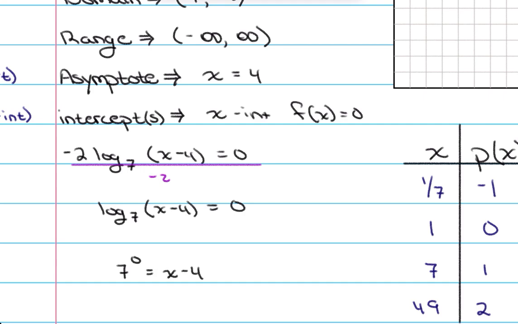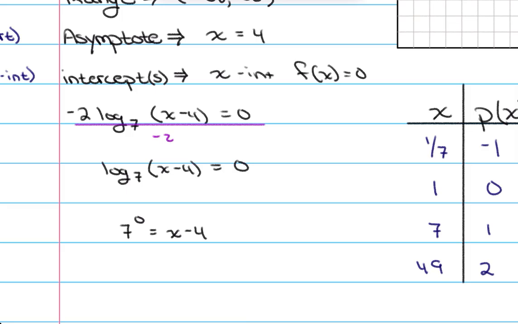And then I will add 4 to both sides. 7 to the 0 power is 1. 1 plus 4 is 5. Again, don't ever be afraid to use your calculators for this kind of arithmetic. You don't need to know how to do all of this in your head. Certain parts, you just write them down when you can. So x equals 5, which means my x-intercept is going to be 5, 0.